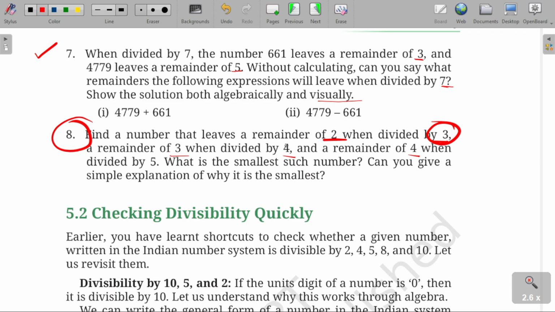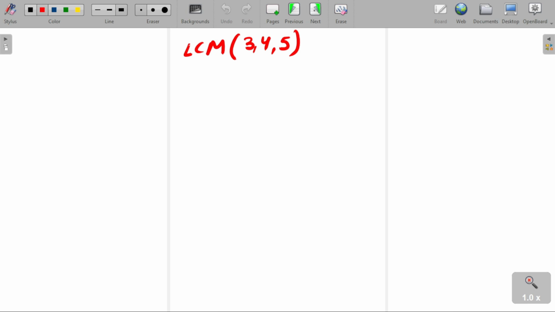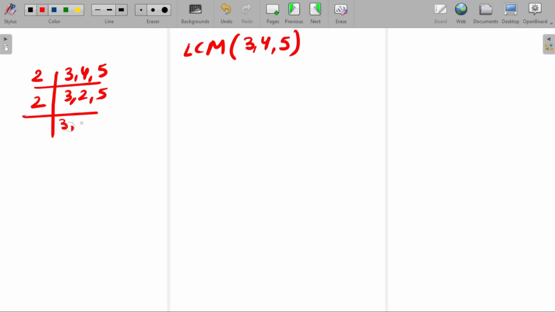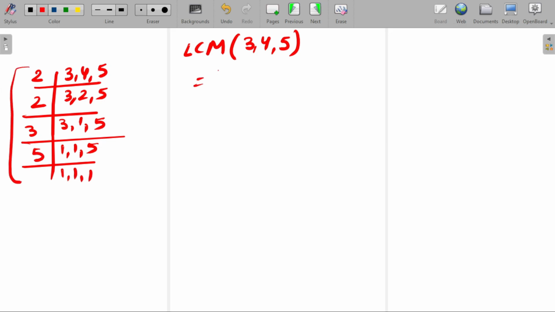You can find it out by prime factorization. 3, 4, 5 divided by 3, 2, 5, then 1, 2, 5 and then 5. By multiplying, we get 60. LCM of these is 60, right?